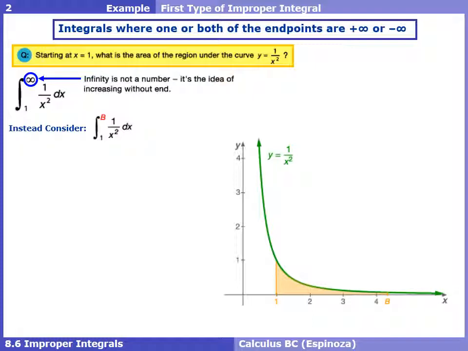All we need to realize is that we're using a letter to stand in the place of a constant, because that would be okay in terms of us writing an integral. We're always integrating from one constant to another constant, but in this case, we don't know what that constant b is, but we certainly don't want it to be infinity. Okay, so be careful here.